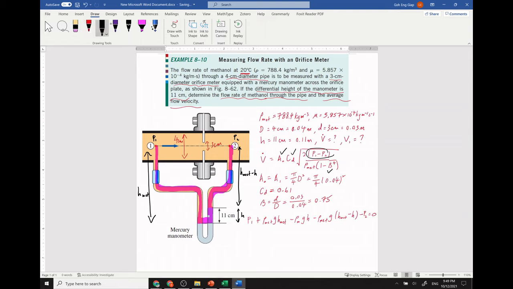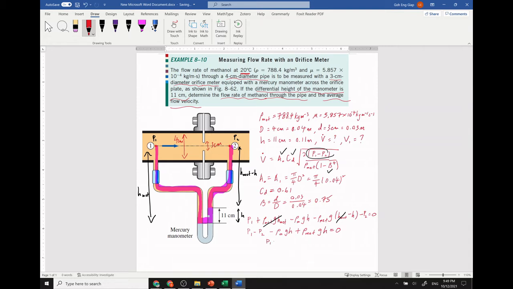So something can be cancelled out. You see, this one and this one can be cancelled out. Then we can write the equation for P1 minus P2: minus rho m g H plus rho mat g H equals 0.